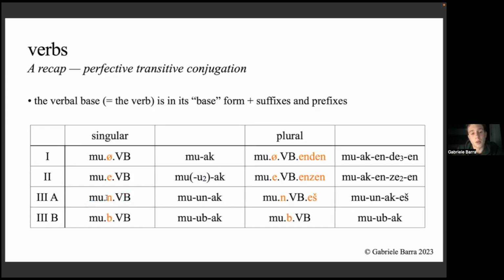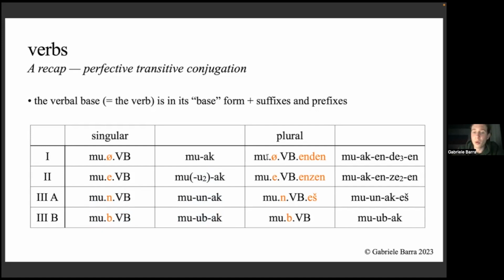Then you have the person class third person, which is an n before the verb, so mun-ak, and the b for the non-person class, so objects or cattle, anything that doesn't breathe and isn't human, mub-ak. So you have the final b here.